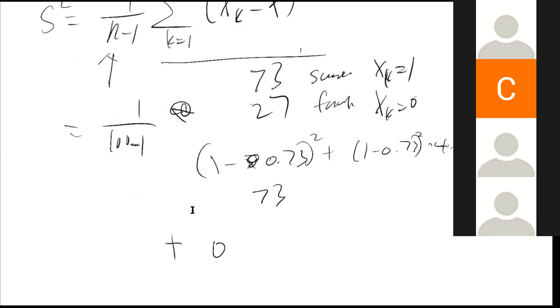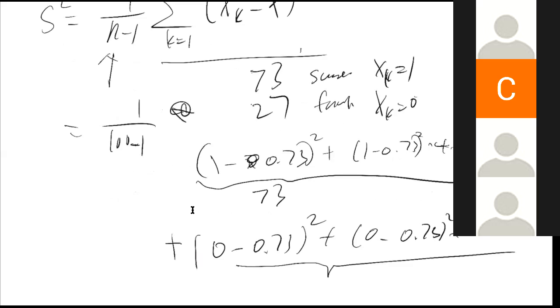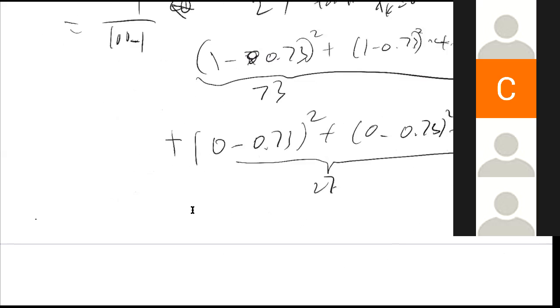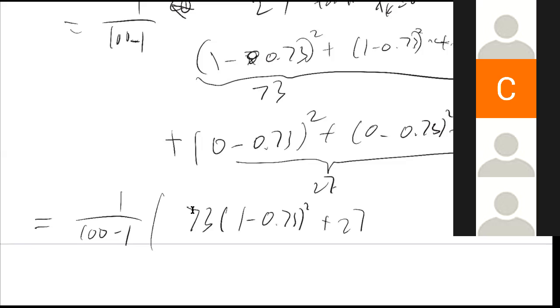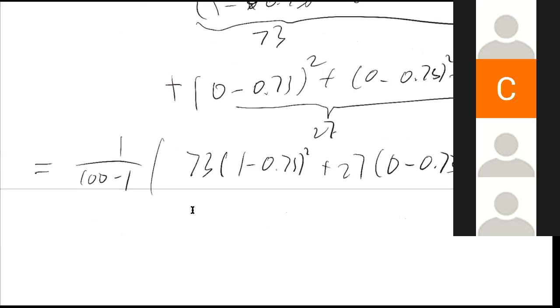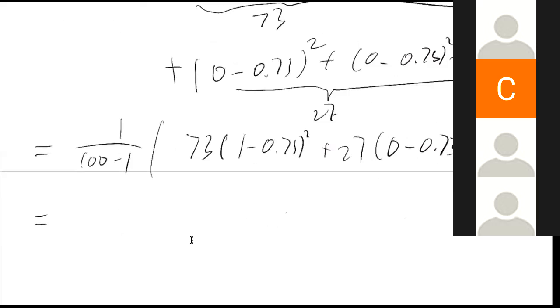And plus 0 minus 0.73 squared, plus 0 minus 0.73 squared, and we have 27 of these terms. So in fact, the answer is 1 over 100 minus 1 times 73 times (1 minus 0.73) squared plus 27 times (0 minus 0.73) squared. If you calculate that, it's around 0.199.